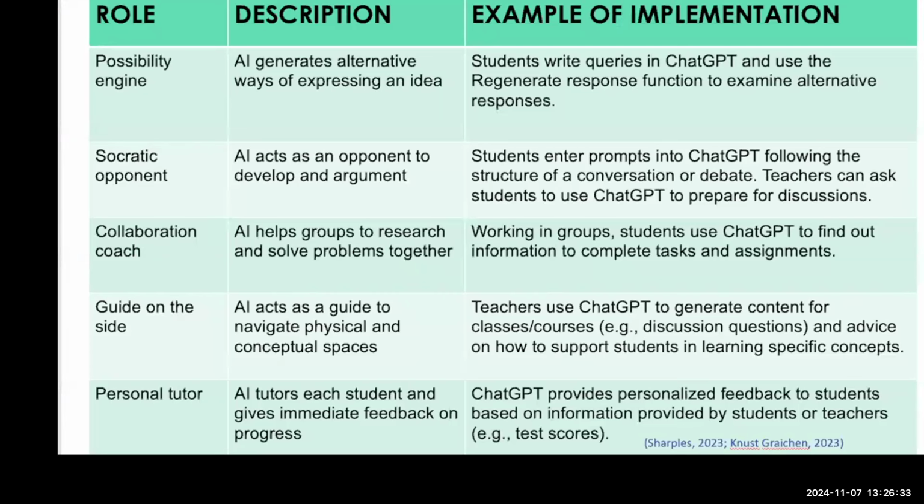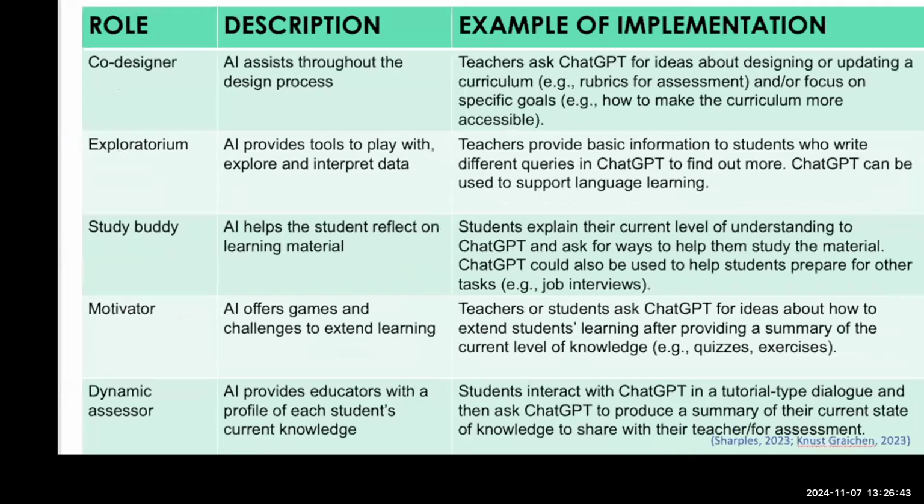It can be a Socratic opponent, asking you questions based on something there. It can be a coach, a guide on the side, a personal tutor. It can be a study buddy, a co-designer. If you're designing something, it can help you with that, and so forth. So the opportunities are endless.